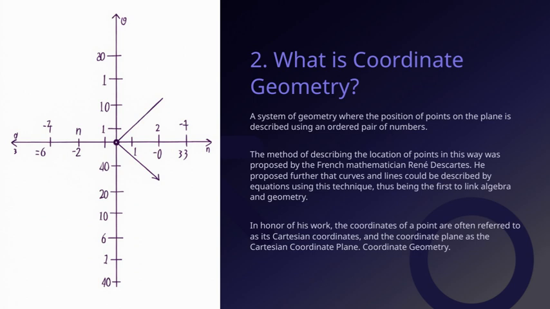This was a huge step forward because it allowed us to analyze geometric shapes algebraically, opening up many new possibilities in mathematics. So, in short, coordinate geometry is a system where the position of any point on the plane is represented through an ordered pair of numbers, giving us a powerful tool to explore and understand the relationships between points, lines, and curves in a very precise way.